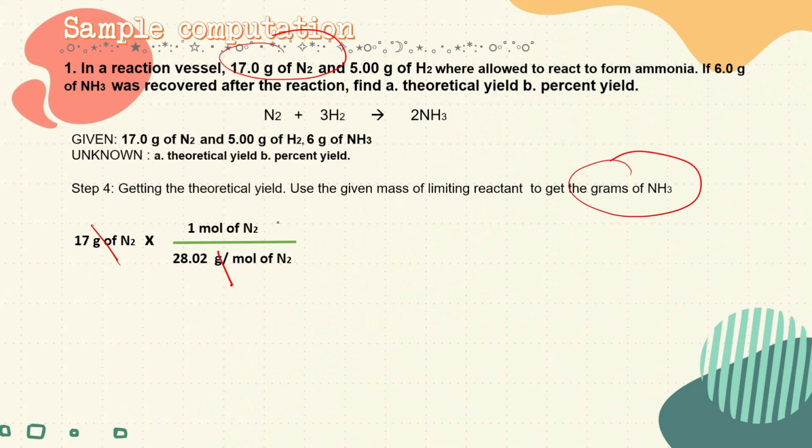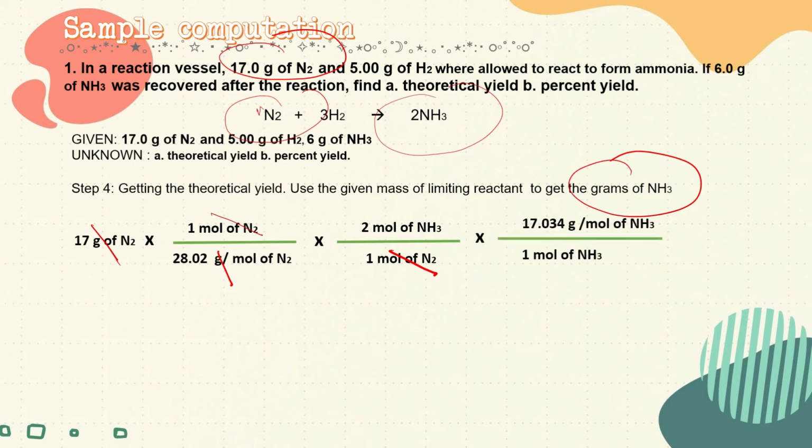Then proceed tayo sa another conversion. Sabi po dito in 1 mole of nitrogen, ito yung coefficient natin, invisible 1, that is equal to 2 mole of ammonia. So cancel out natin yung mole ng nitrogen. Then meron na tayong mole of ammonia.